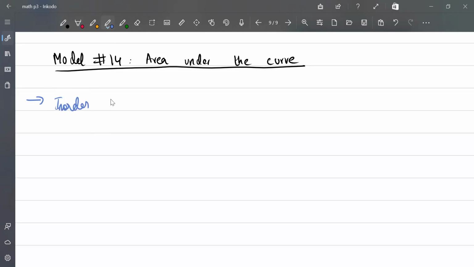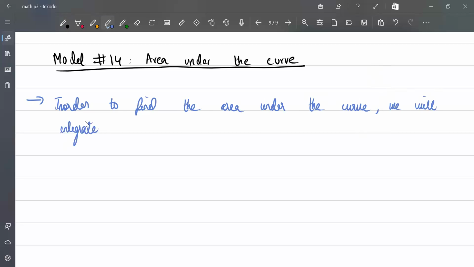In order to find the area under the curve, we will integrate the curve within the specified shaded limits as follows.